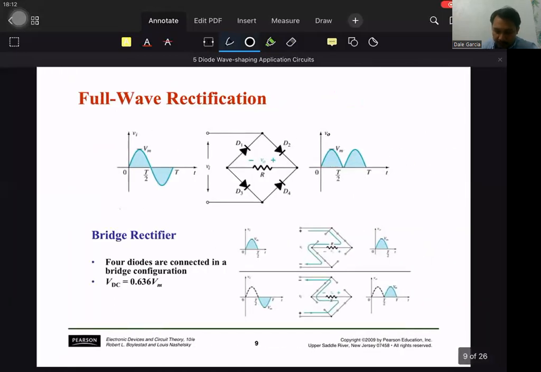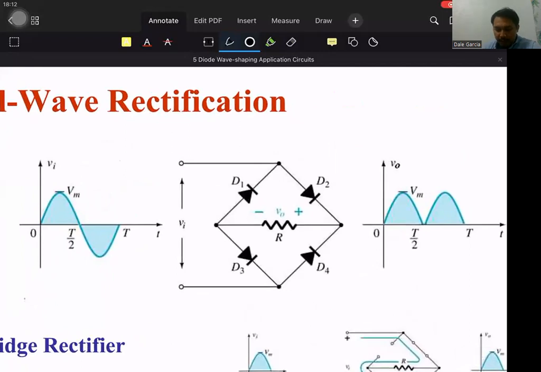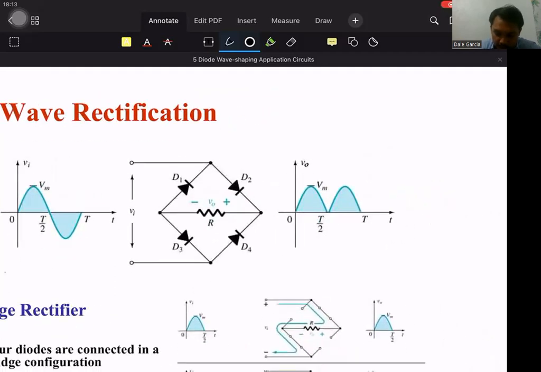It looks like this, no? And I think almost all modern electronic power supplies use a bridge rectifier configuration. If we redraw this with our AC signal, they are the same.